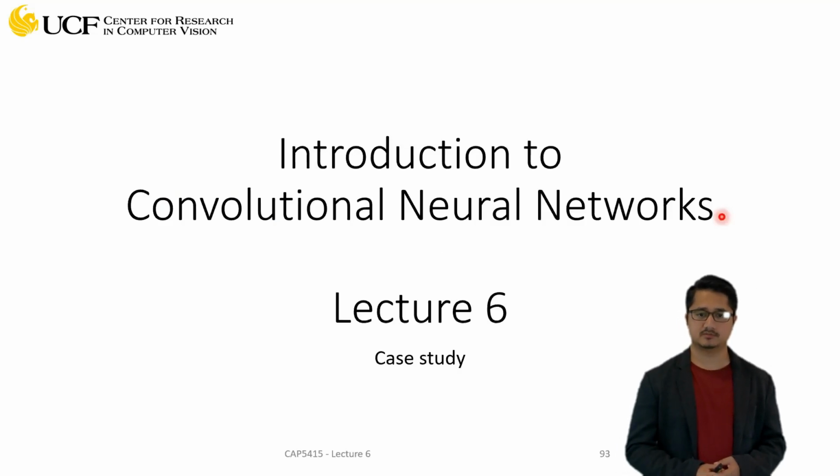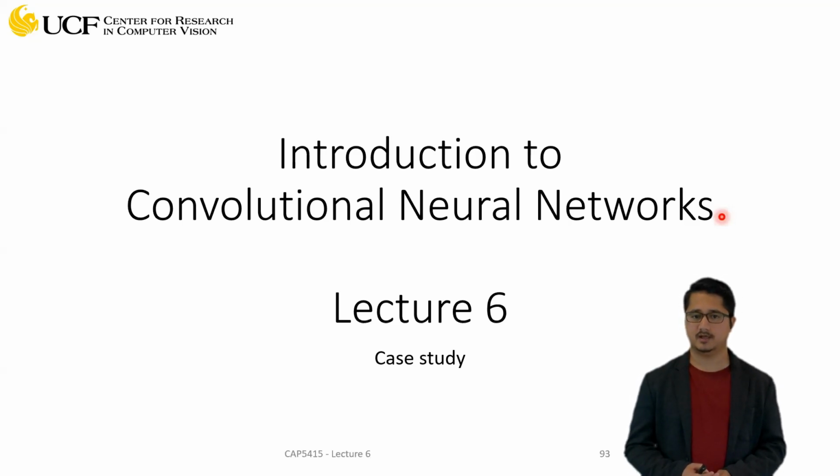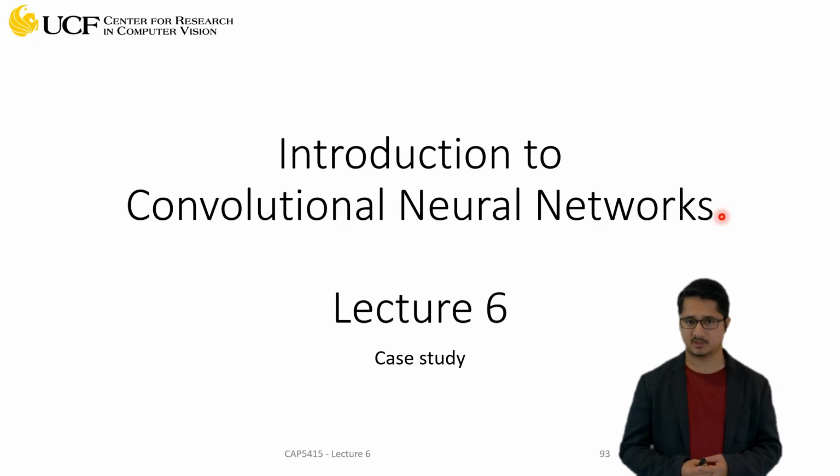This lecture is a continuation of the previous lecture where we were talking about convolutional neural networks, and we went through all the basics, the fundamental operations which are used for convolutional neural networks. We tried to understand what the parameters are which are being learned in these networks.